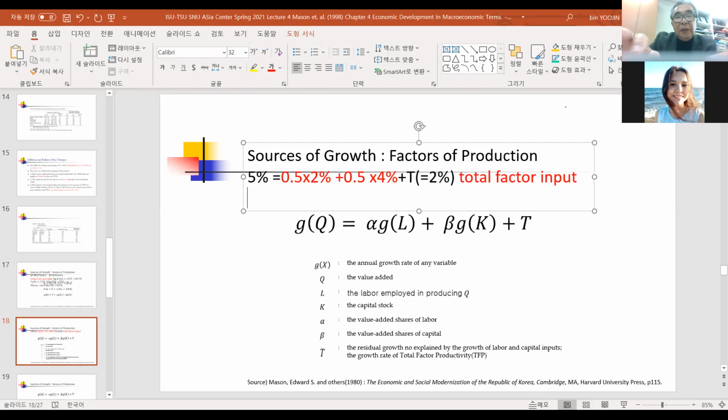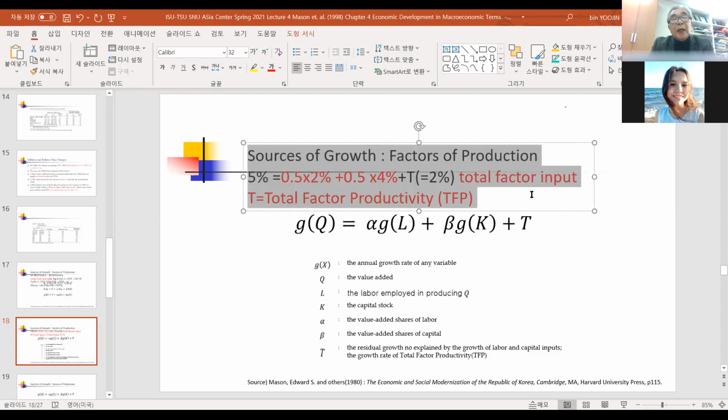So the remaining T is what I define as total factor productivity, TFP in abbreviation. It's the rate of technical progress. So you know what? Here is a very important understanding. This is an absolute kind of percentage figure.